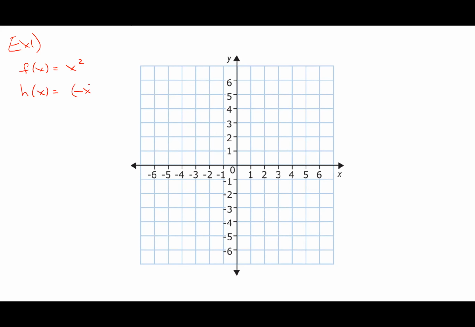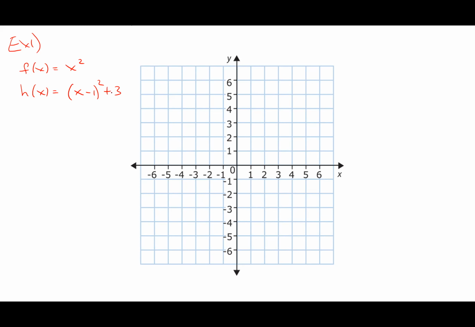I want to start off like this: x minus 1 squared, and then plus 3. Let's do some shifts together here.